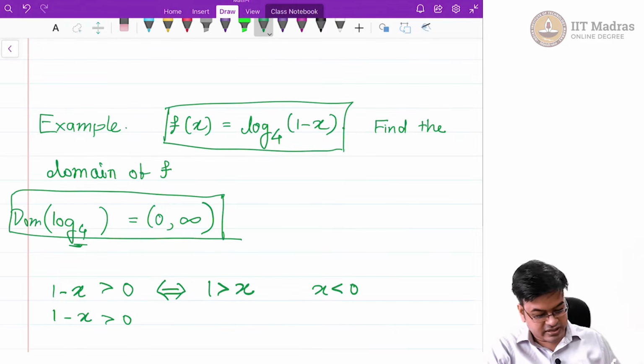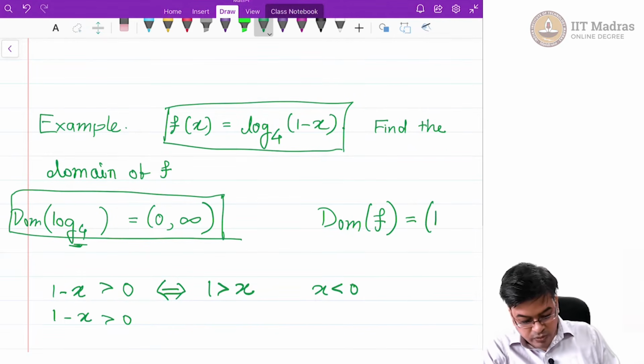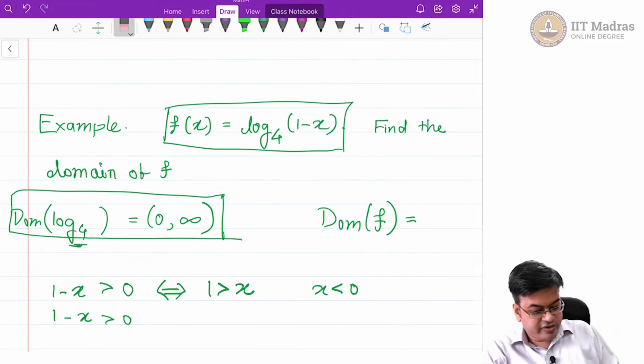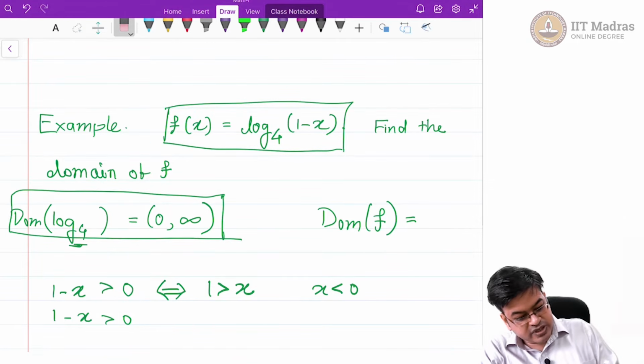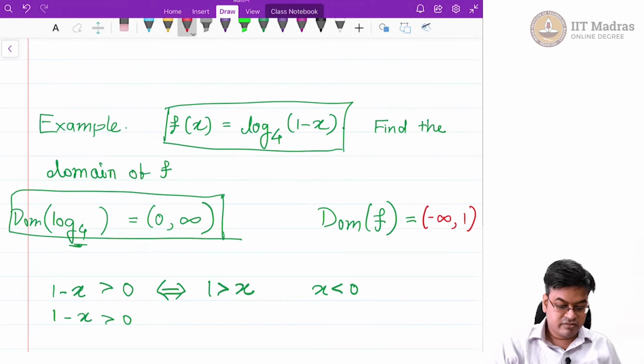So the only condition we require is that my function should be defined. The domain of f cannot include 1 to infinity, sorry, it's not 1 to infinity, this is how we commit mistakes. So the domain of f is x always less than 1, that means the domain of this function is minus infinity to 1, and it cannot go beyond 1. This is our understanding about this function.